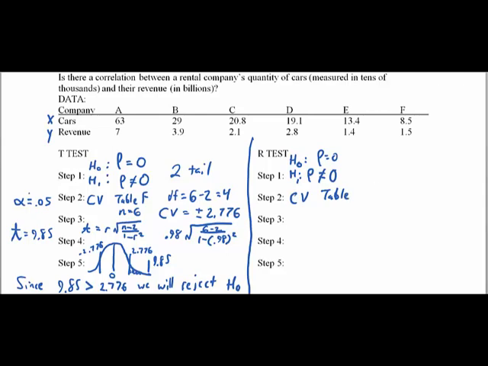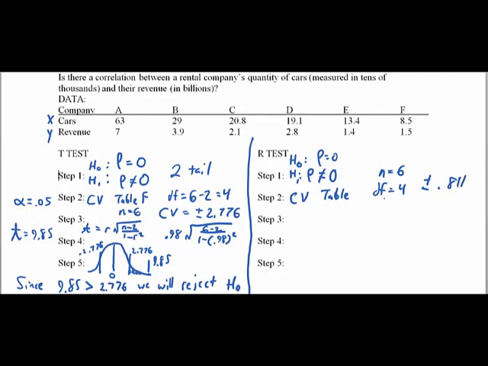Now there obviously is a column for looking up your alpha, so you look up your alpha on table I. For the degrees of freedom, in this case it would be 4 degrees of freedom, so df equals 4. So 4 degrees of freedom with a sample size of 6. And sometimes if you look at different tables, some tables won't have degrees of freedom, some tables will just have sample size, but either way you get a value of plus or minus 0.811.